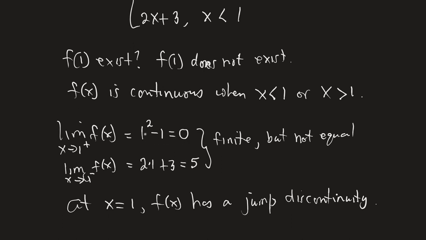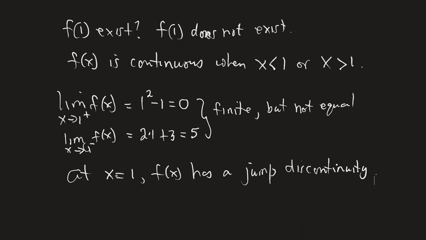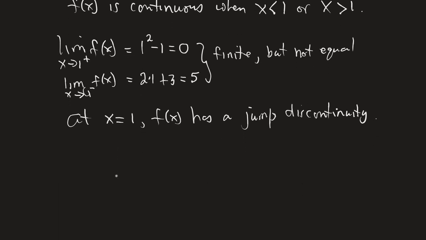So in fact, if we were to graph this piecewise function and graph it with a window that includes 1, we would see basically this. Well, we might not see exactly what I'm going to show, but we'll see something like this. So here is 1. Let me just make sure I have the pieces right.